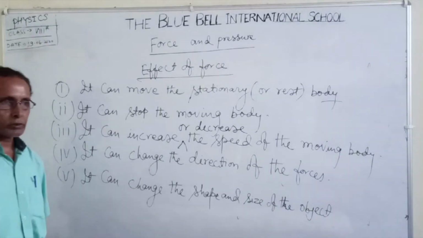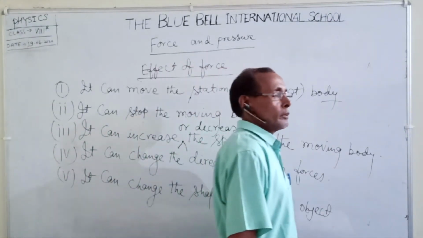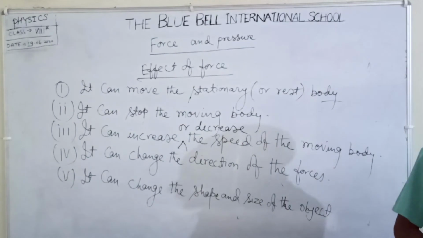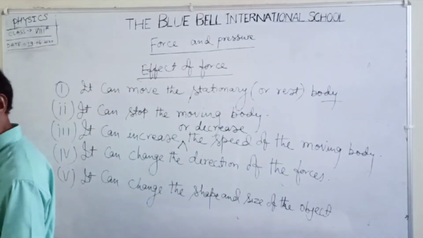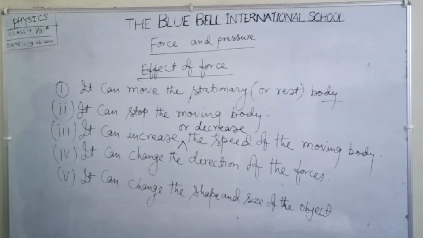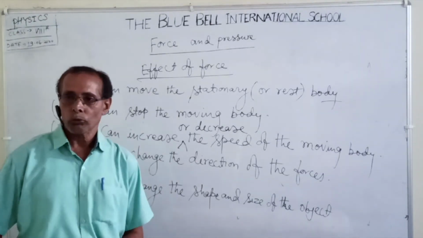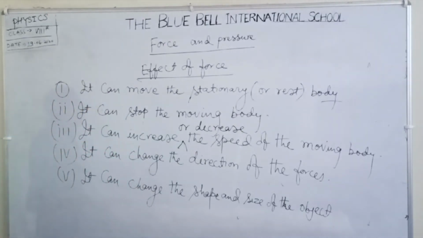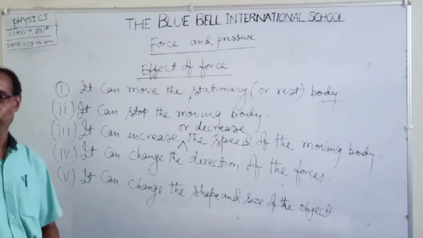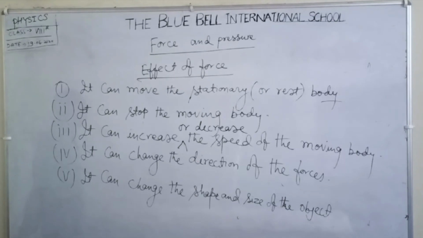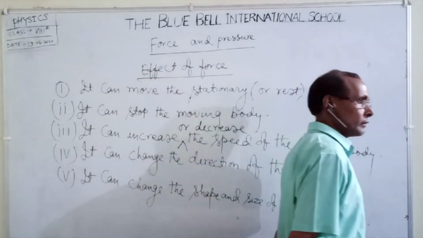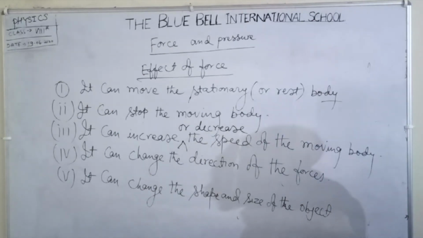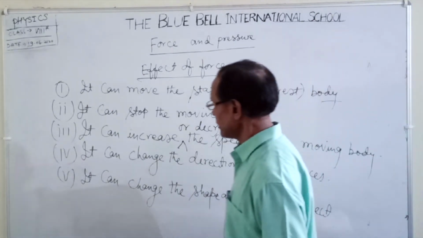You can see it in the case of a sofa. When you sit on the sofa, there is a spring in the sofa. As soon as you sit, your body applies a force on the sofa, and the spring in the sofa is stretched. Here, change in shape is taking place.